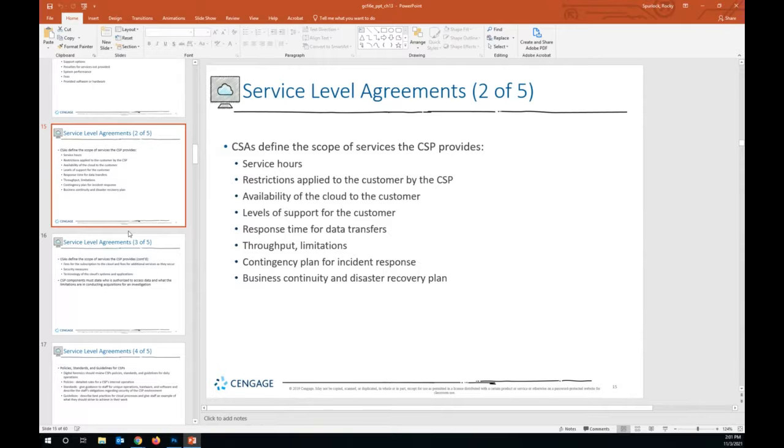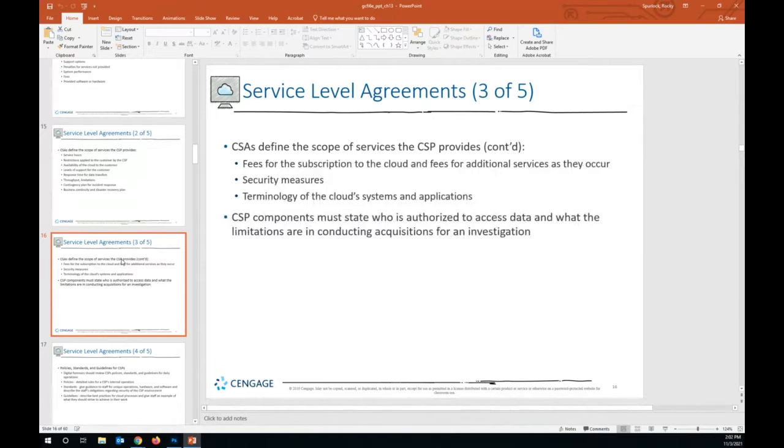It should include the service hours, restrictions applied to the customer by the CSP, availability of the cloud to the customer, the level of support for the customer, response time for data transfer, throughput limitations, contingency plans for incident responses, the business continuity and disaster recovery plan, fees for the subscription to the cloud, and fees for additional services as they occur, security measures, and also the terminology of the cloud systems and applications.